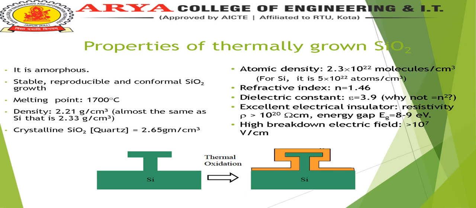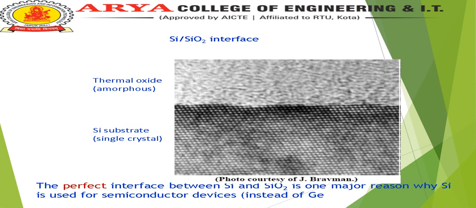In this figure, this is a silicon wafer. When the oxidation process occurs, it creates this type of oxide layer. This is called the silicon dioxide layer, which is created on the silicon wafer. How do we separate the silicon and silicon dioxide interface? Practically we see that this is a thermal oxide, amorphous, and this is the silicon substrate, single crystal.